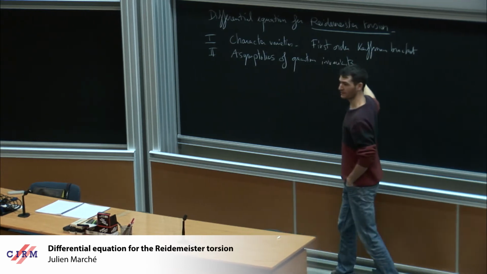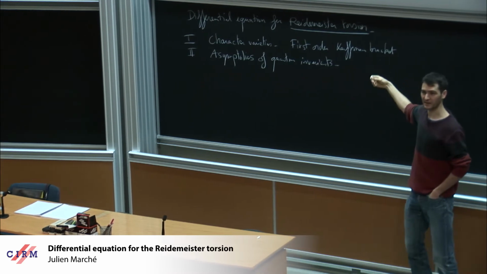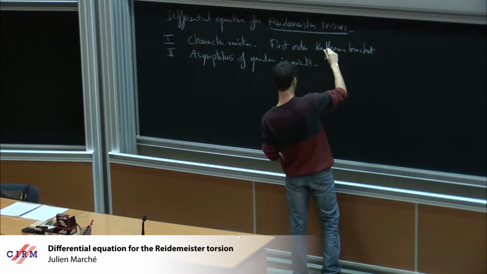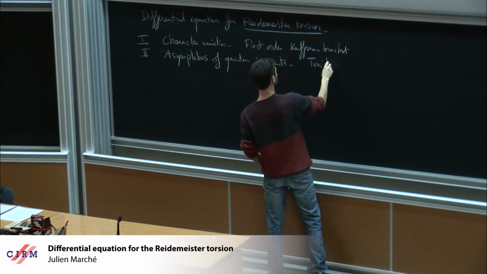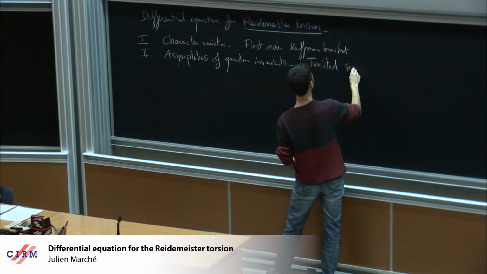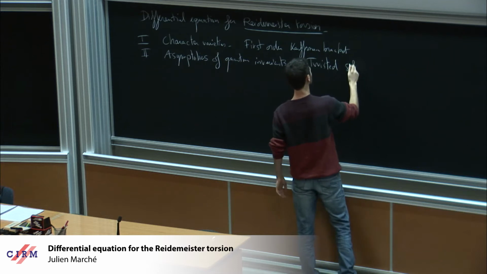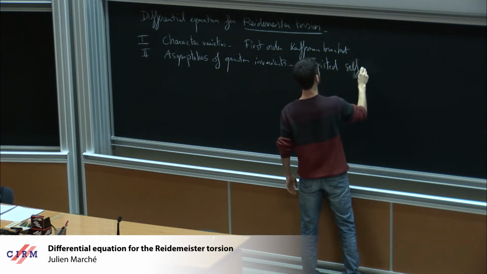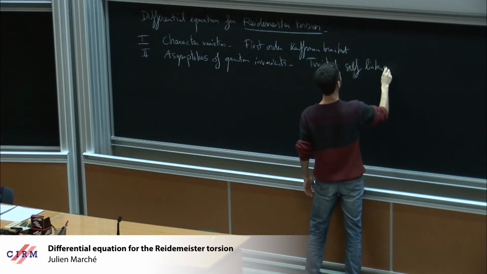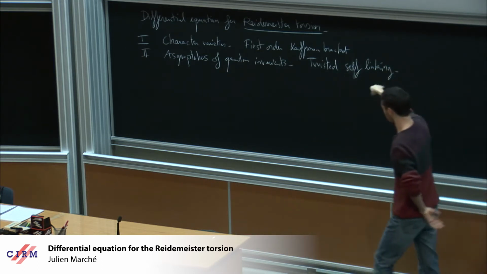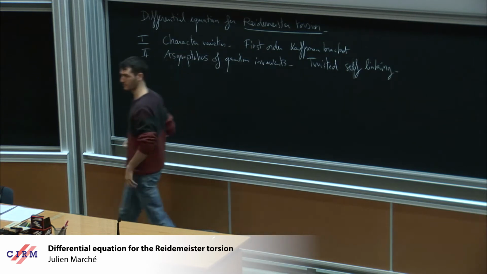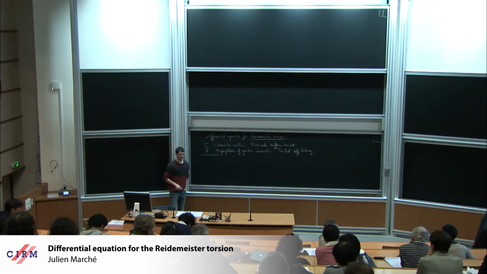And the tool I hope I will have time to explain is the twisted self-linking number. Okay, so I will try to explain how it fits in this kind of question. So let me start with some motivation from character varieties.